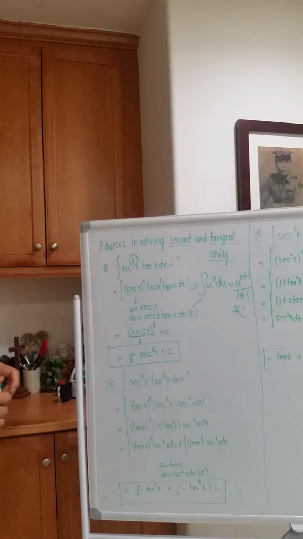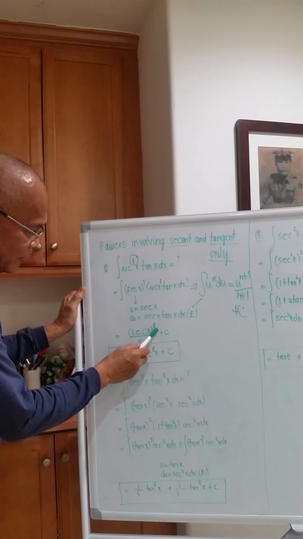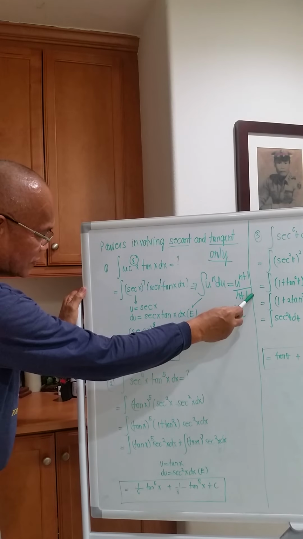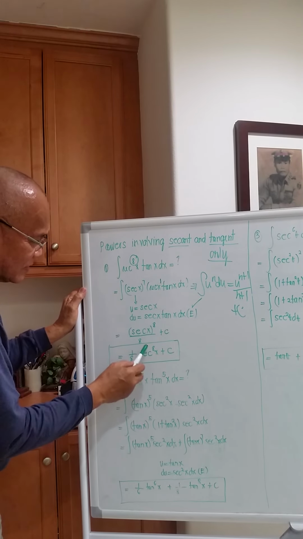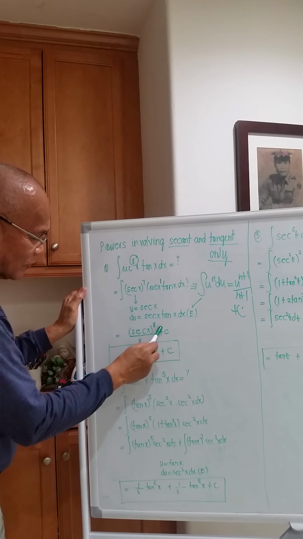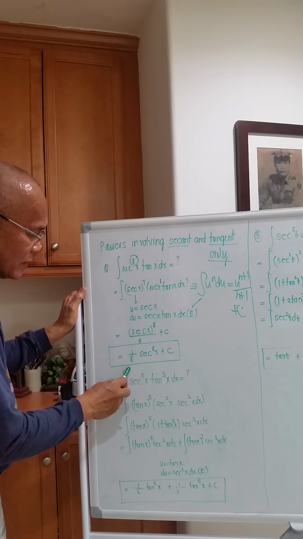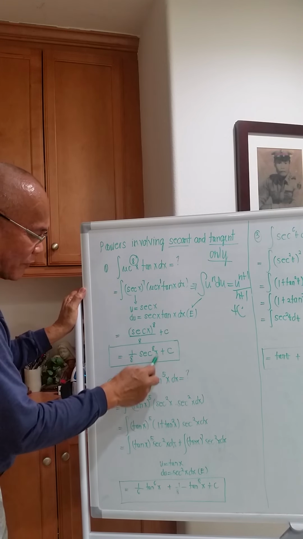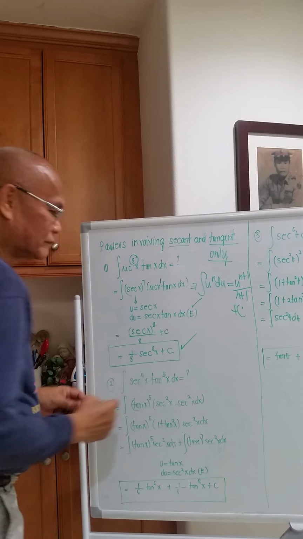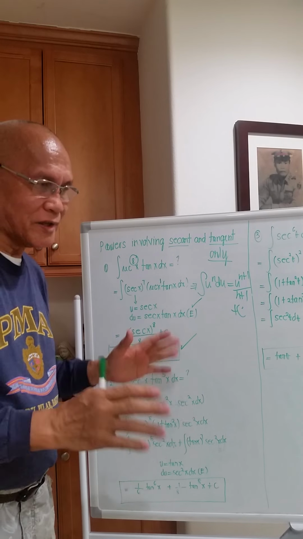So the answer will be secant of x, 7 plus 1 is 8, all over 8. Final answer, 1/8 secant to the 8th power of x plus c. That's the final answer. It seems easy if you know your identities, right?